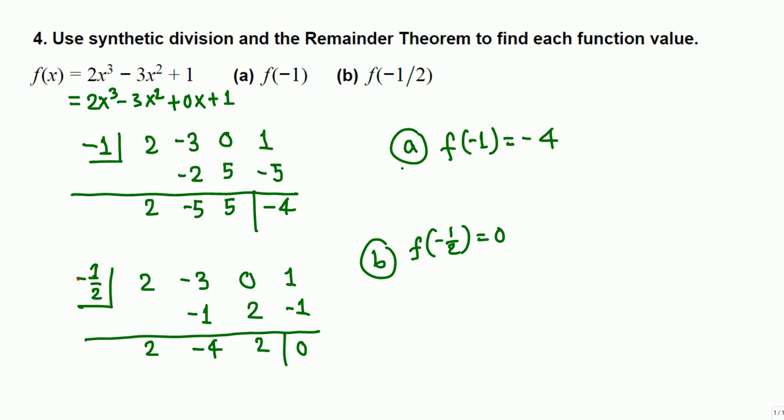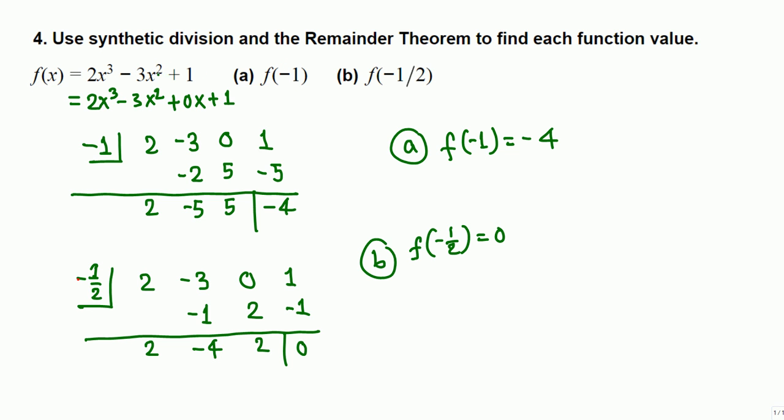So we used synthetic division to evaluate f at -1, and that will be the remainder. Same thing here, that will be the remainder. Alternatively, f at -1 means simply replace x by -1.